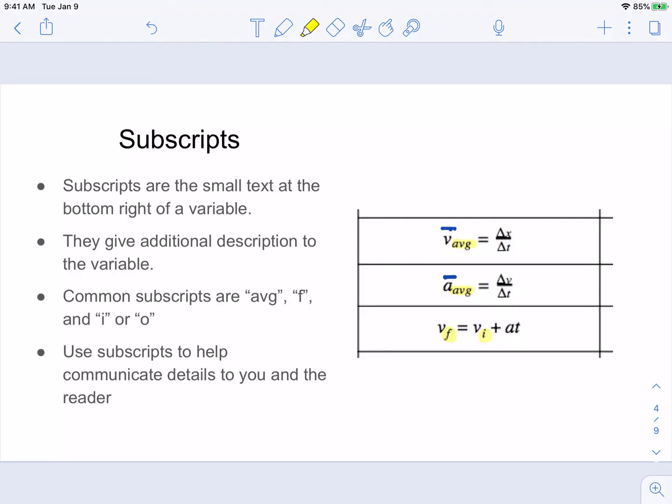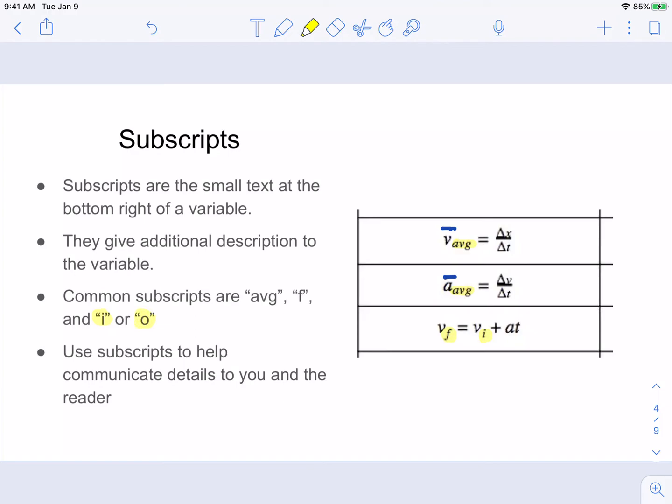Now, depending on your course, this can be a little confusing. Depending on what class you're in, sometimes we use different subscripts to mean different things or different variables. As you get into your physics course, you'll become familiar with what your teacher or your course typically uses. For example, some textbooks use a lowercase i to stand for initial, where other textbooks might use a lowercase o.